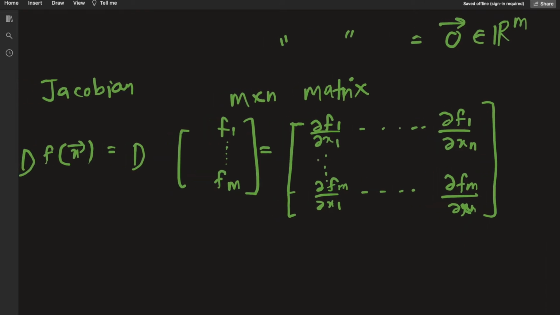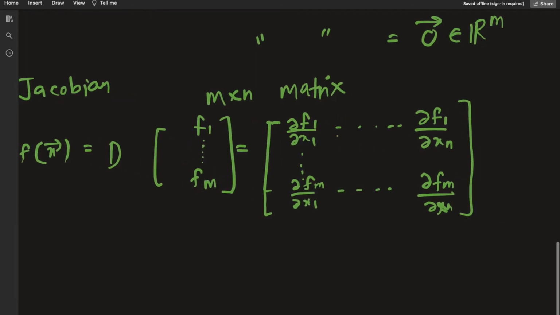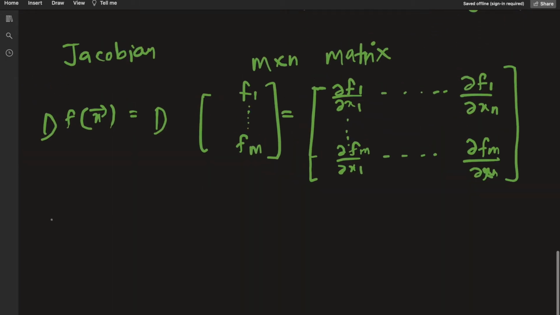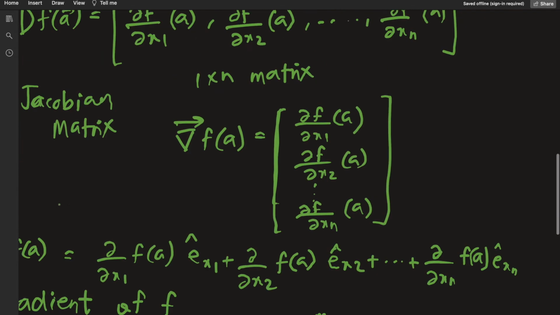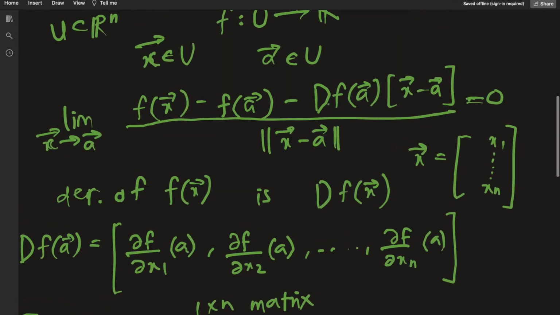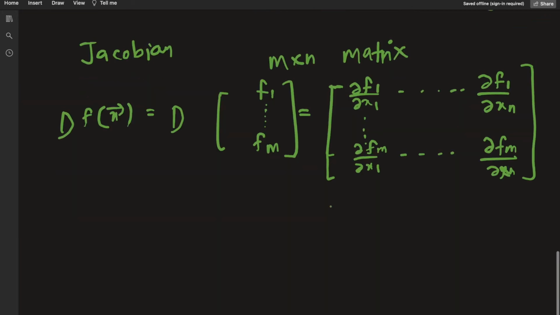So the way we're doing it is we're differentiating each component with respect to those n input space variables, and we do that for those m components. So I hope this is clear now, before moving on. And this is the definitive condition that we have for the existence of the partial derivatives.